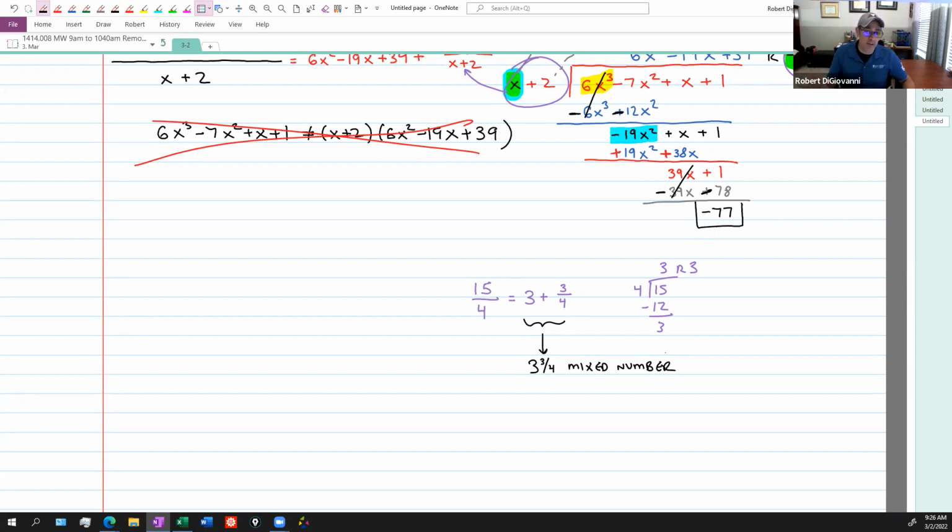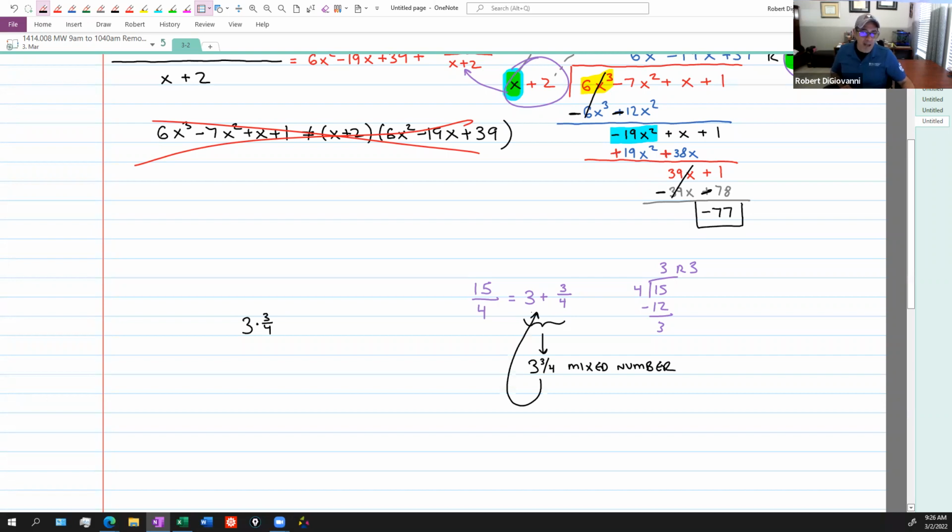We hate mixed numbers. The reason is that when you write 3 with 3/4 next to it, a lot of people would interpret that to mean 3 times 3/4. And that's not what it is. This actually means 3 plus 3/4.